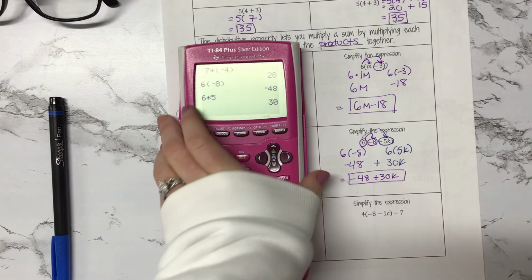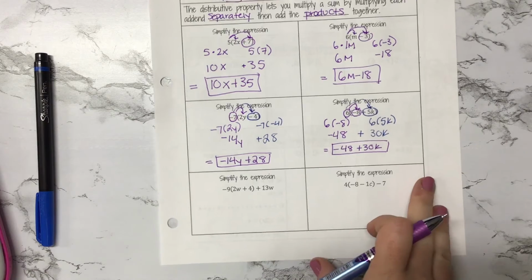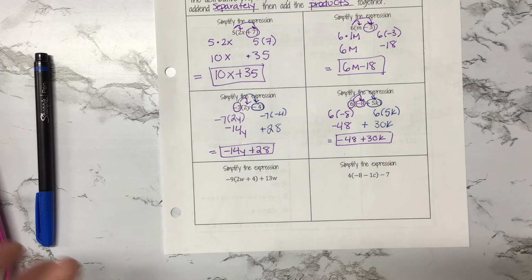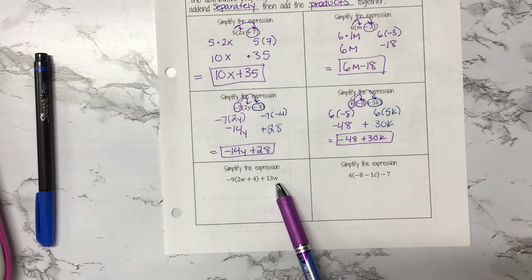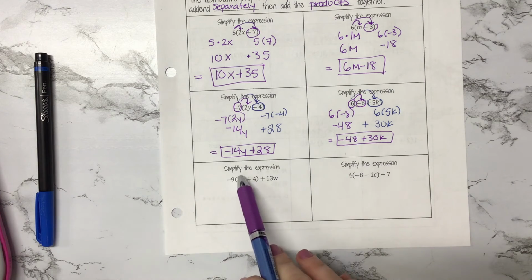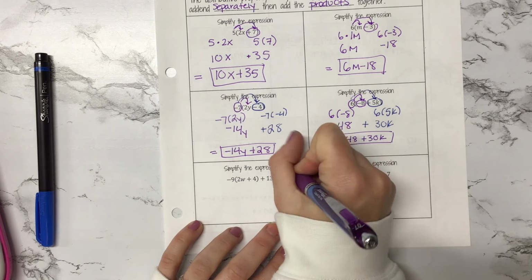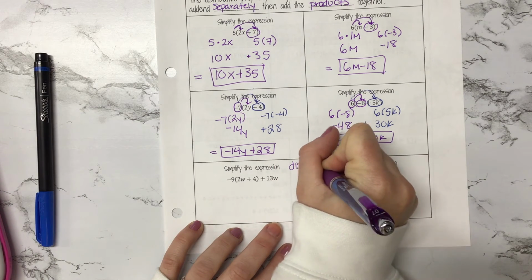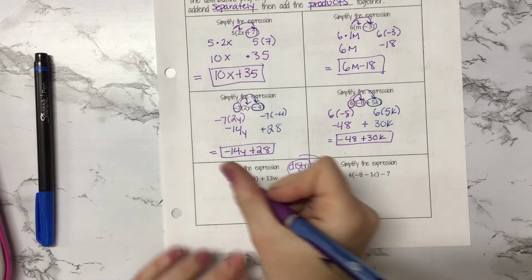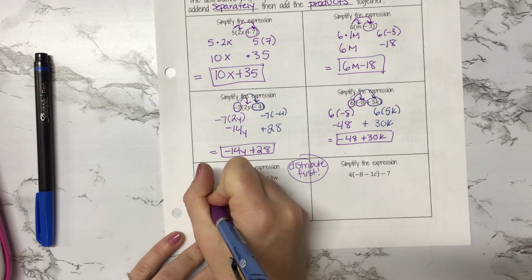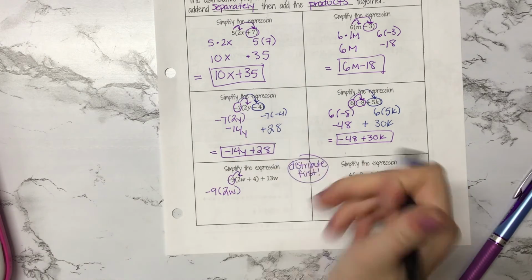All right, 2 more. So sometimes we have to distribute and then combine like terms. So right now I can't do 2w plus 13w, right? Because one of them's in parentheses, kind of separated from the other. So I have to distribute first. Okay. So I'm going to take negative 9 times 2w. Then this plus goes with the 4.